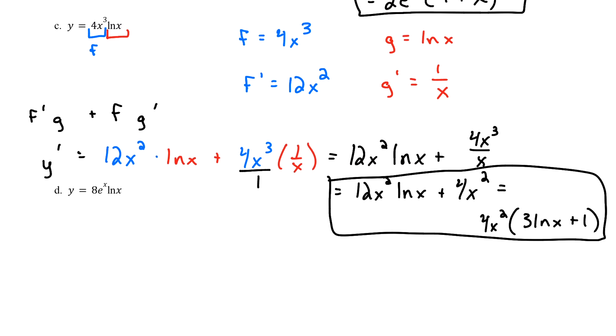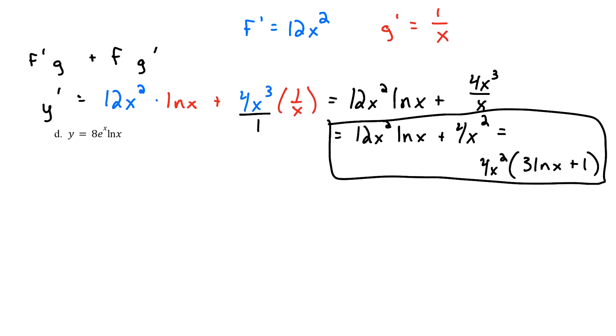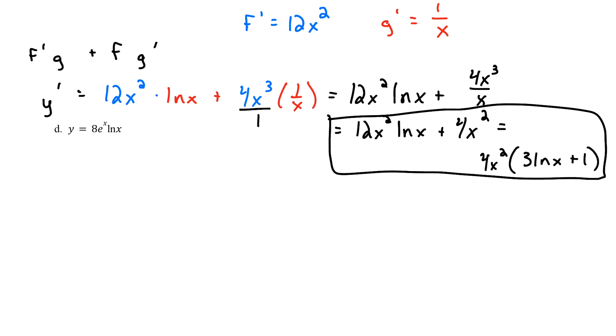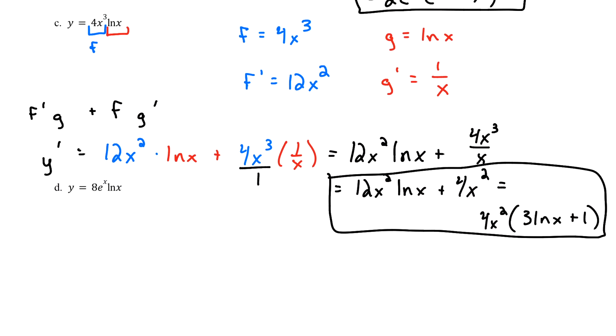Now, as we progress through these, you might start to feel a little bit more confident throughout these problems using the product rule as we get more and more experience with it. So you may not need to write out what is f and what is g and what is f prime and what is g prime every single time.